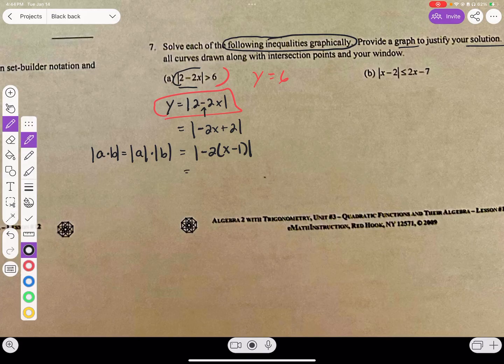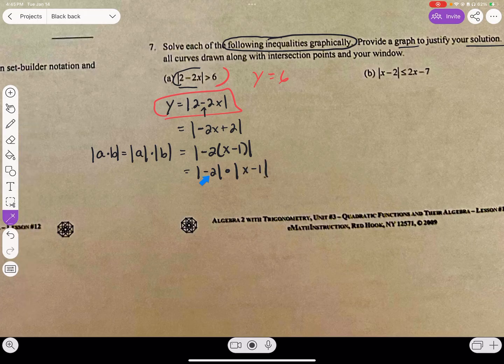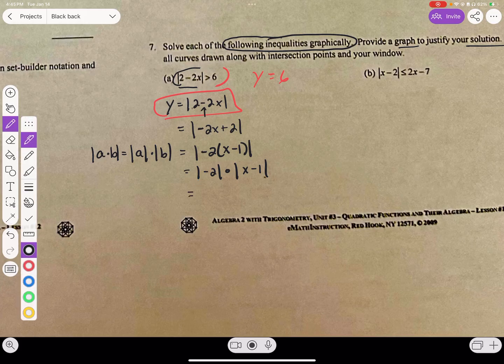And so I can separate this into this product like that. The reason I want to do that is because this absolute value of negative 2 can then be evaluated. So this is the cleaned up form of this absolute value equation. At least this is how I would do it.